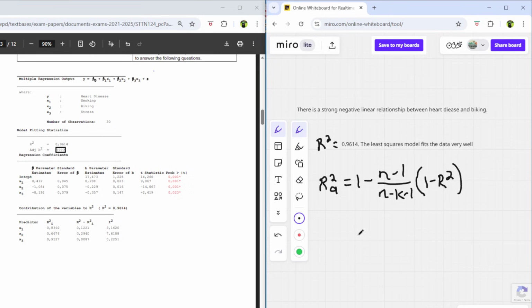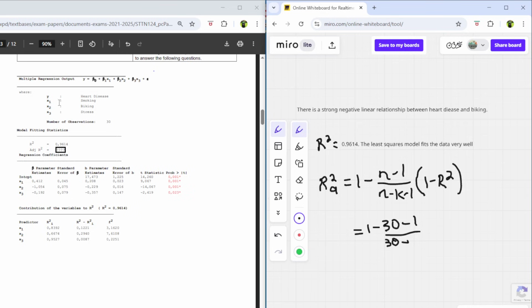Now, in this formula, n is the number of observations. It's 30. So it's going to be 30 minus 1 over 30 minus k minus 1, where k is the number of independent variables, also known as the x variables.